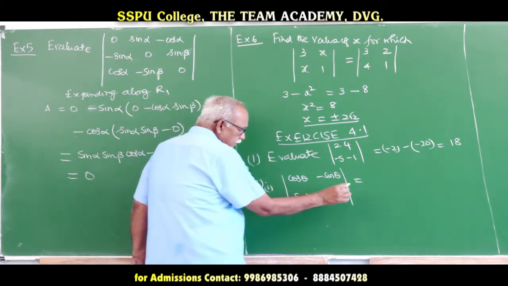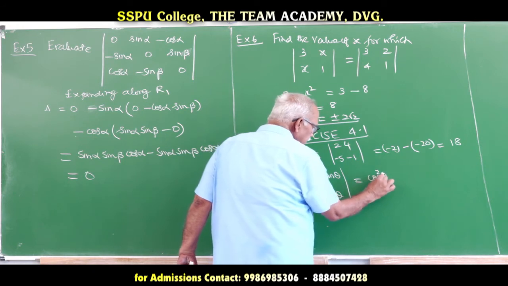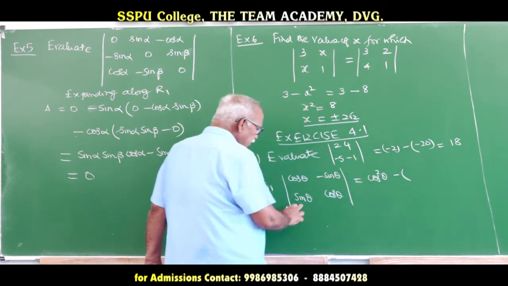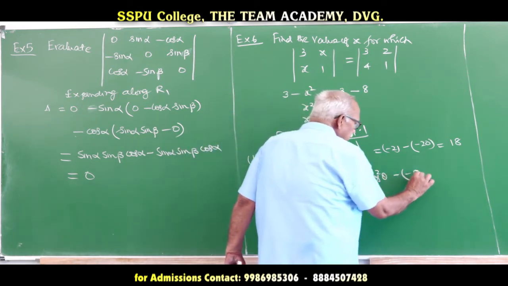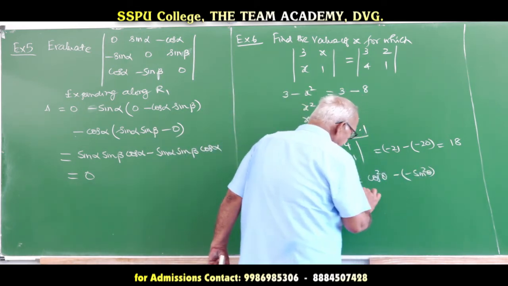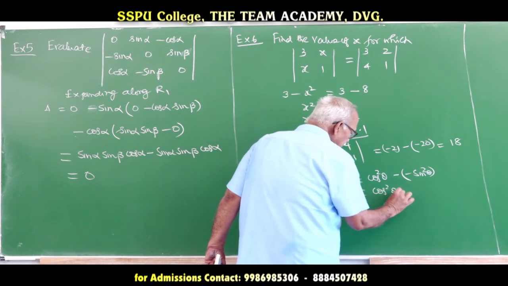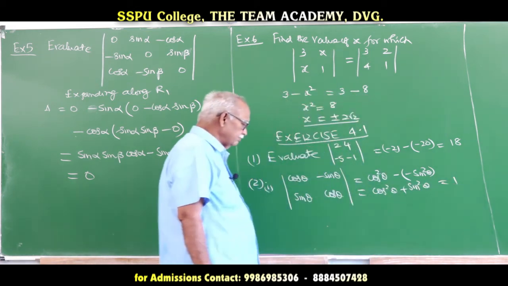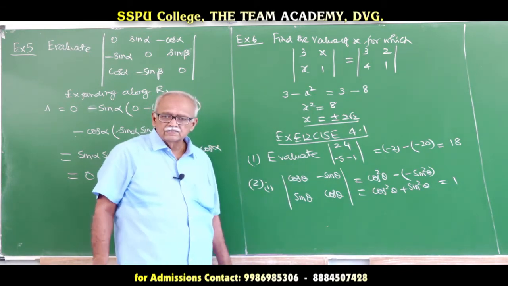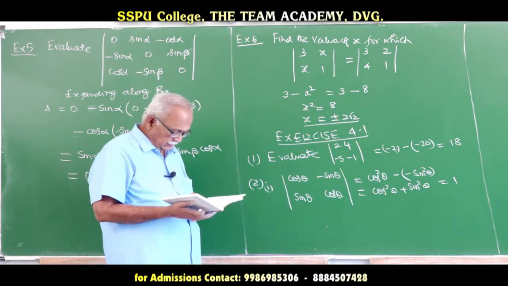Cos theta multiplied by cos theta is cos square theta, minus of sin theta into minus sin theta is plus sin square theta. So, what is the value? You know trigonometry, cos square theta plus sin square theta is 1. The value of this determinant is 1.